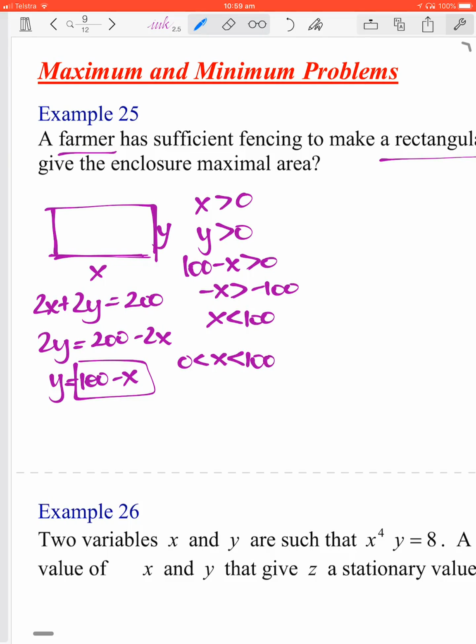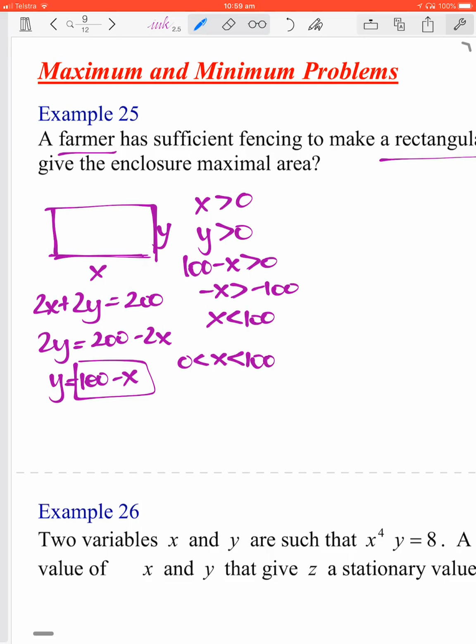Now, we want to get the maximal area. So the area of a rectangle is x times y, which is x times 100 minus x. Now, we know that that's the same as 100x minus x squared.